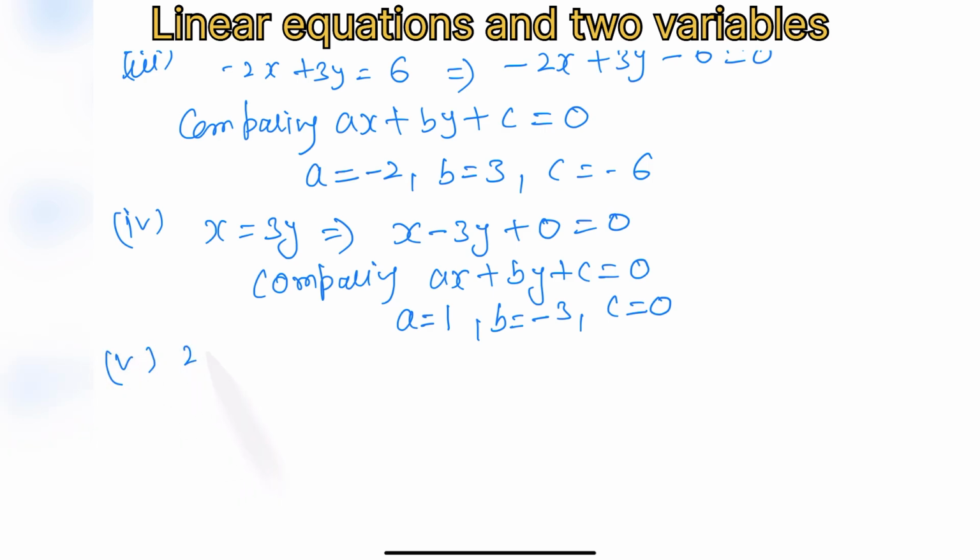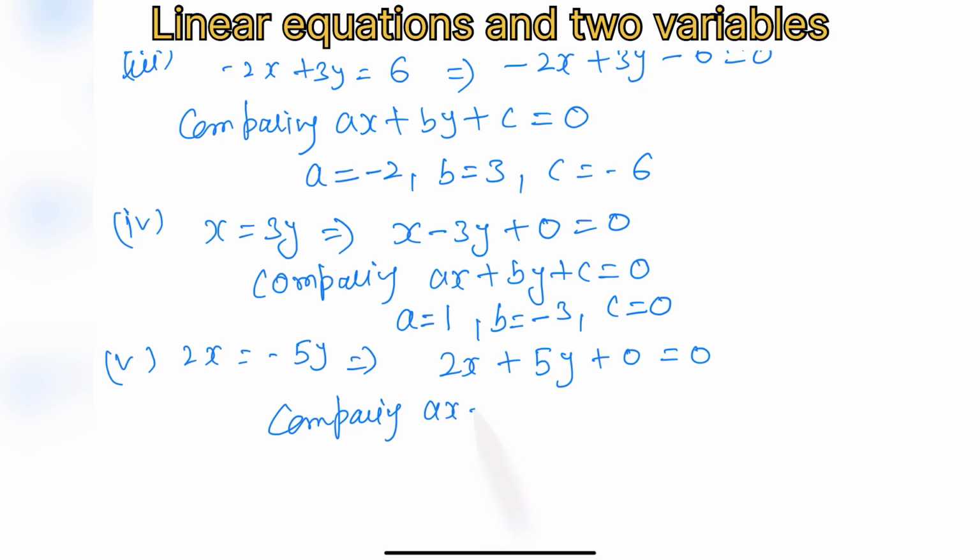Next part is 2x is equal to minus 5y. Again we have to compare this after arranging it. Arrange it: 2x plus 5y plus 0 is equal to 0. Now compare it with ax plus by plus c is equal to 0.